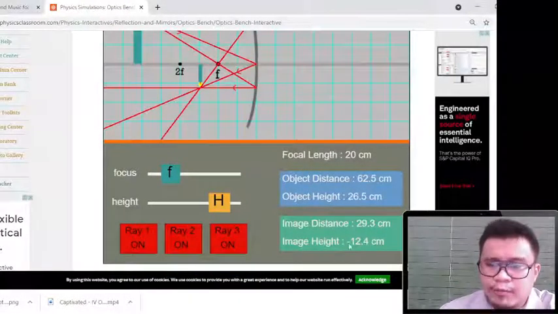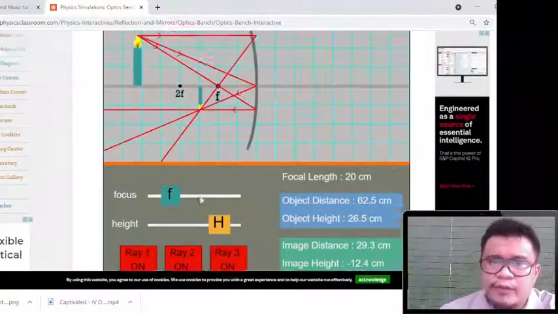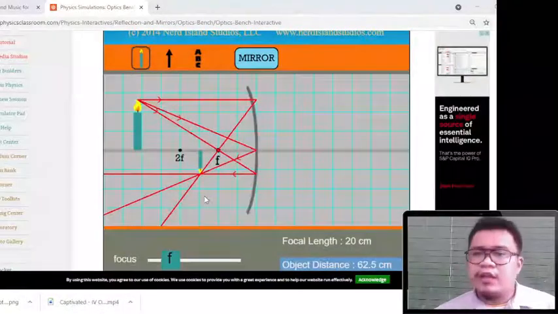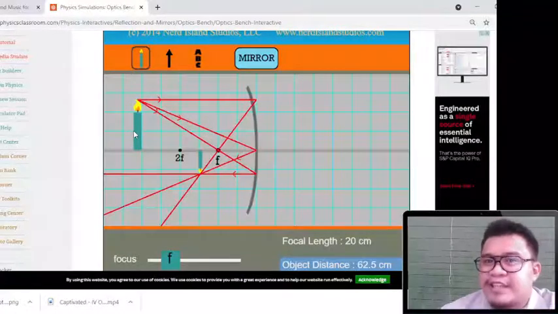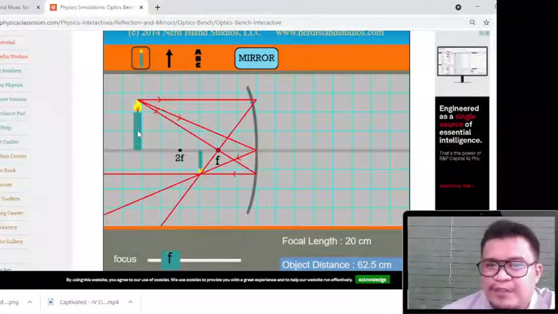Okay. Now you might be wondering, why is it negative, sir? A negative sign indicates that your image is inverted, meaning the image has a different orientation from your object. Now what do you think will happen as I slide this across our screen?